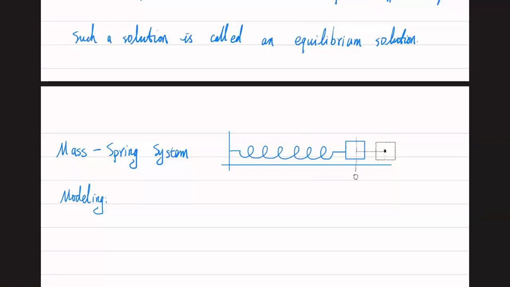If we have a displacement from 0 to x, then the force of the spring is proportional to the displacement. That's the first assumption.